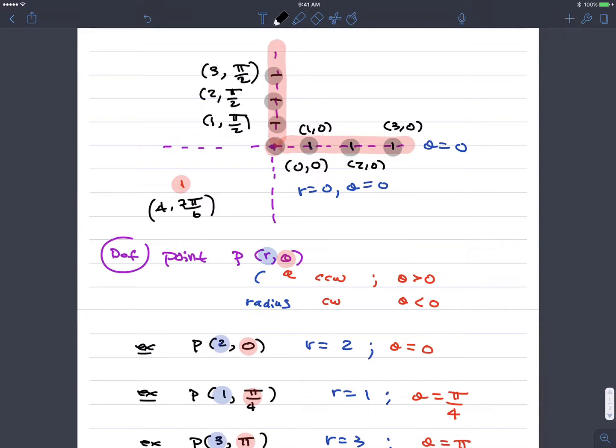Let's see if you're awake. Let me write it really clear. This angle is 90 degrees, pi over 2. My radius of 1 gives 1, pi over 2. This will be 2, pi over 2, and then 3, pi over 2.